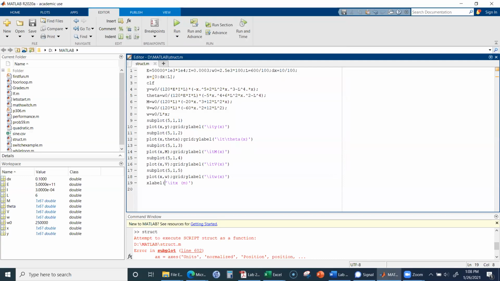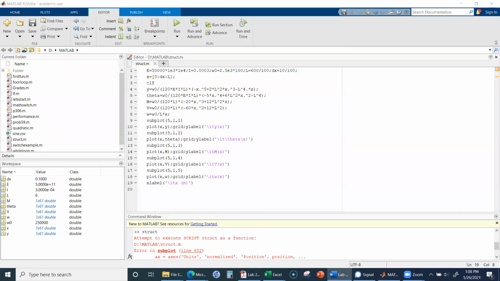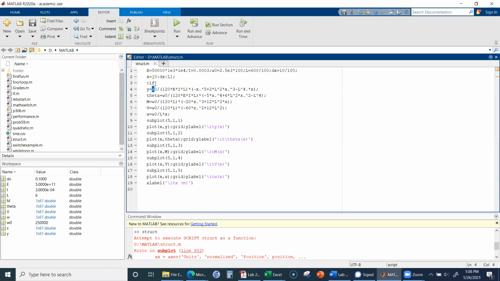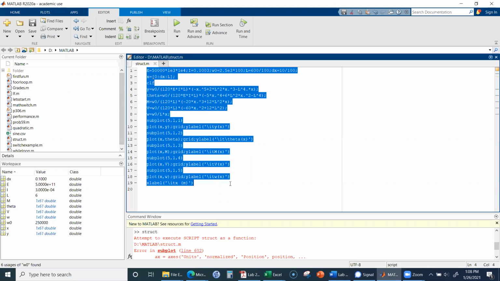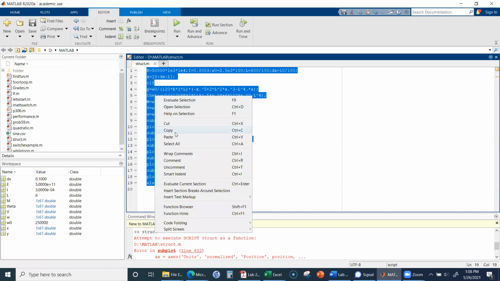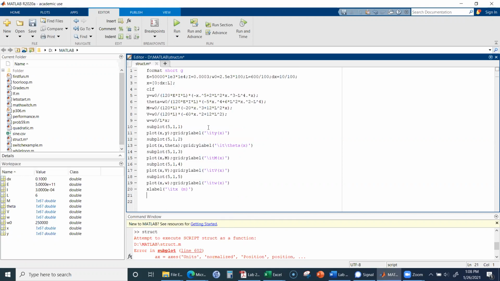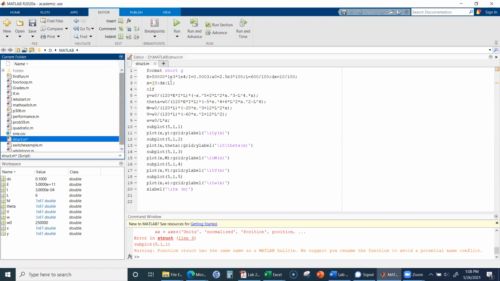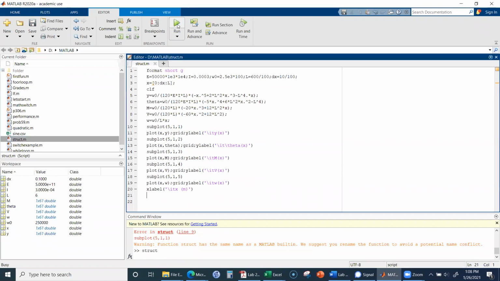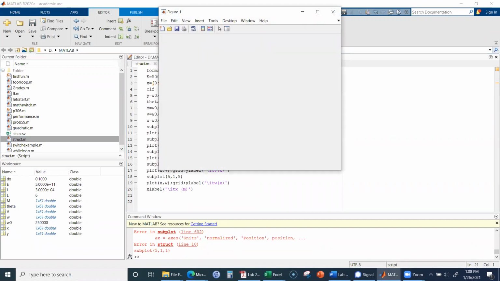Okay, maybe I can just recopy my code and then try to execute again. And then save, and now I try to run it. Oh, it is not running.